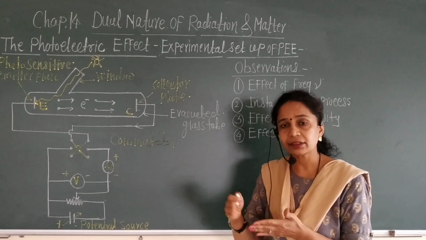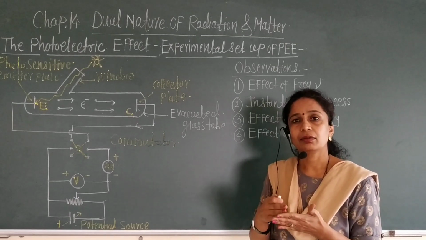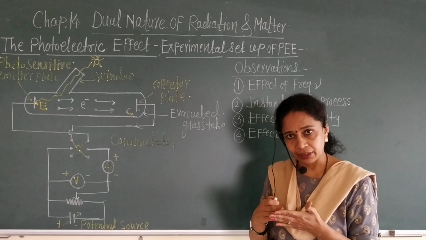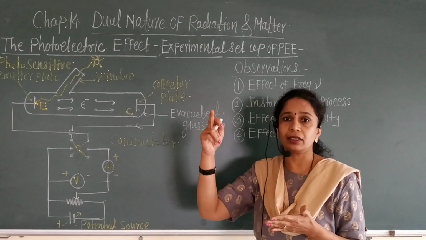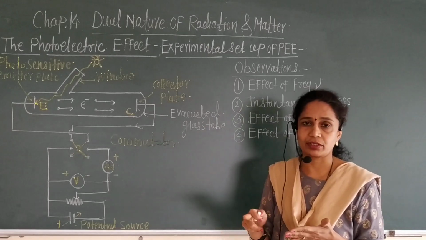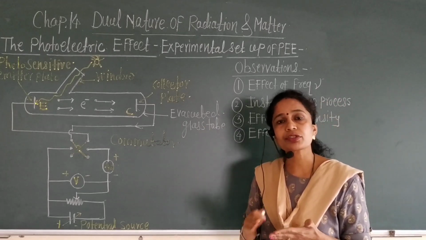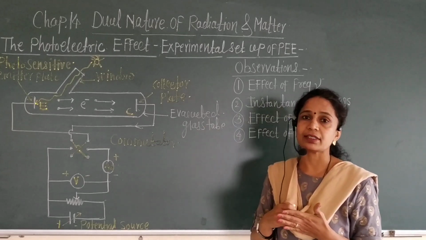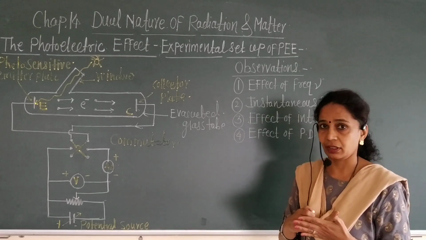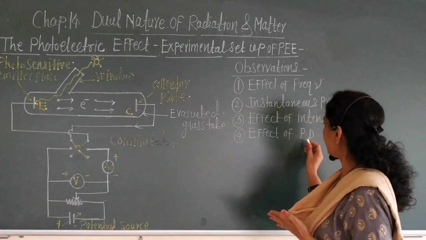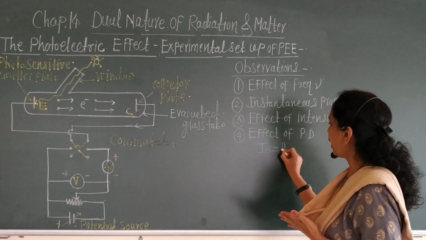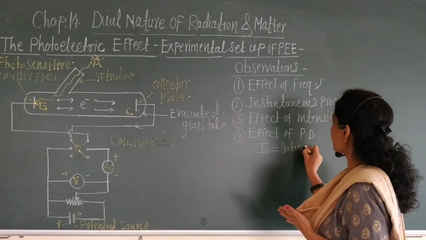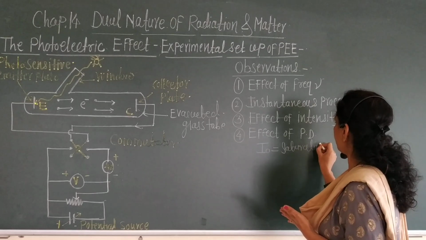Then as the potential increases further, the photoelectric current remains constant. That constant current is called the saturation current, and it is denoted by the letter I naught. I naught is the saturation current.